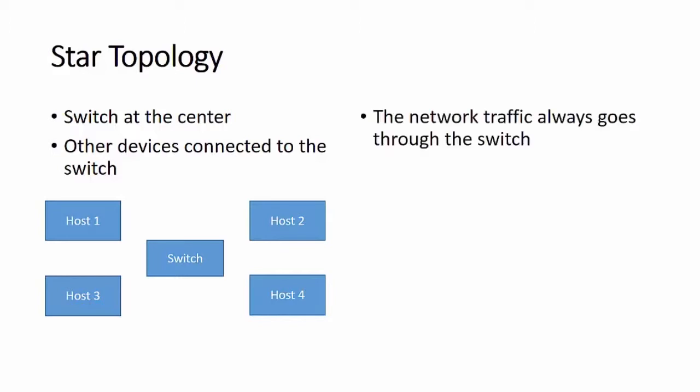In the star topology, the network traffic always goes through the switch at the center, namely at the center of the star. Therefore, there is only one path between two hosts at any given time. In this topology, the switch is what enables the connection between all the hosts involved in the communication.